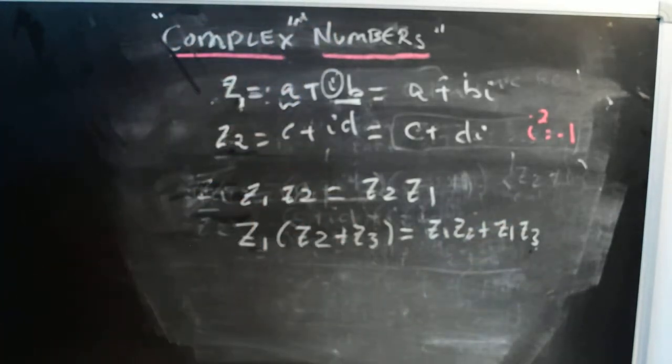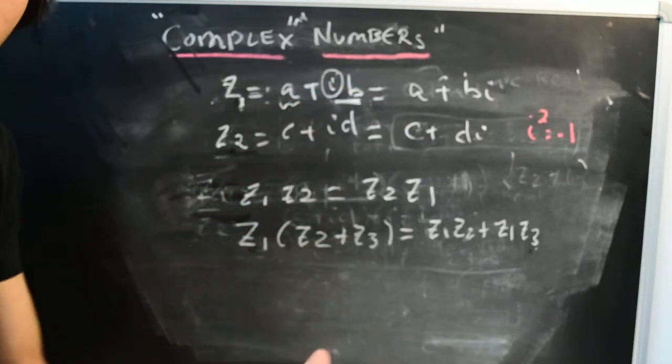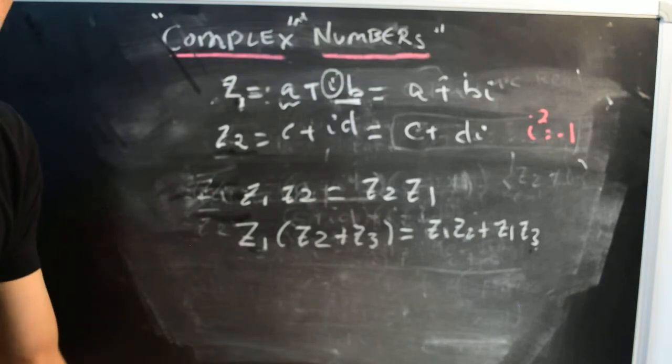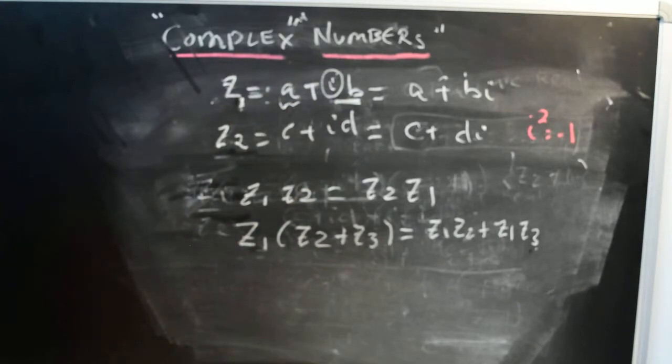So given these definitions for addition, subtraction, multiplication, and division, we'll find that these complex objects satisfy all the rules that we associate with numbers, and that is the reason we call these objects complex numbers.